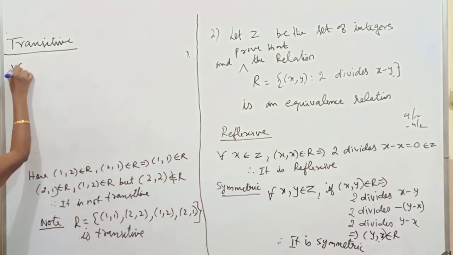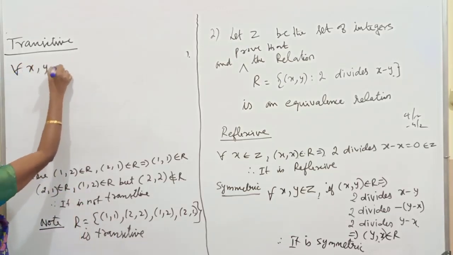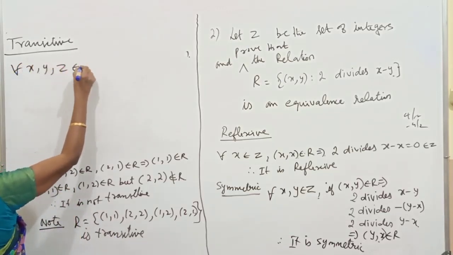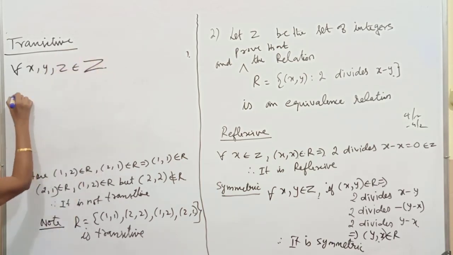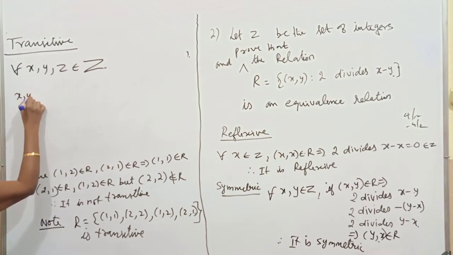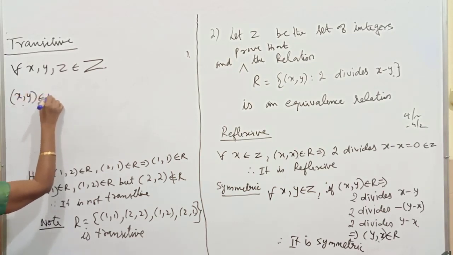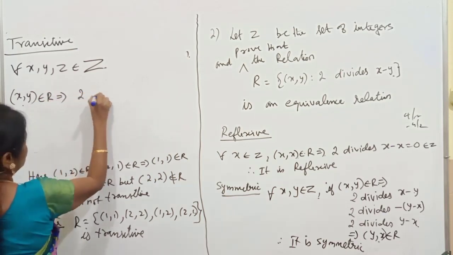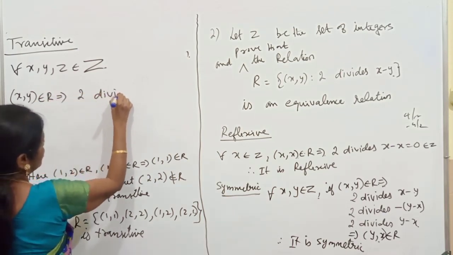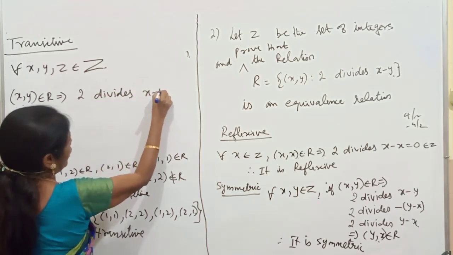For all x, y, z belongs to the integer, (x, y) belongs to R implies 2 divides x minus y.